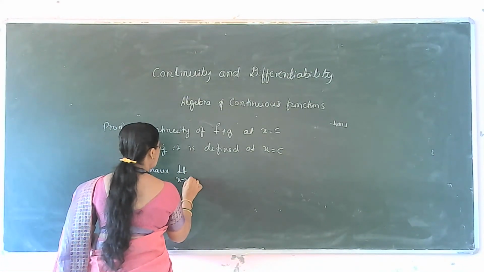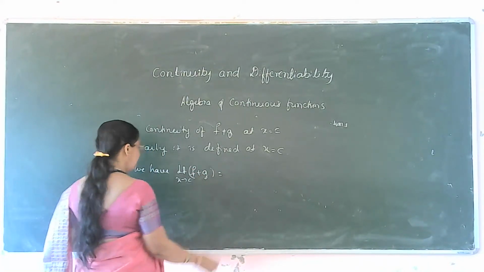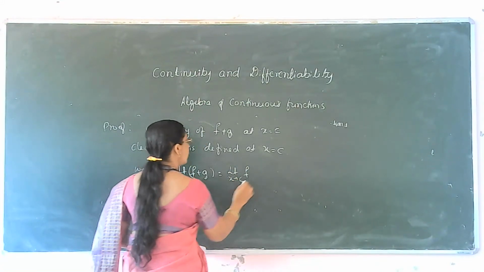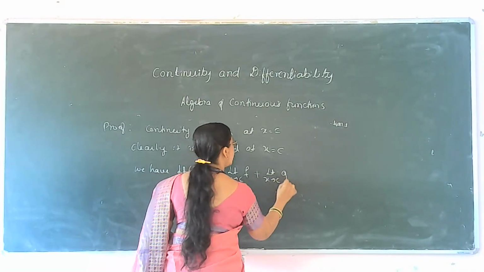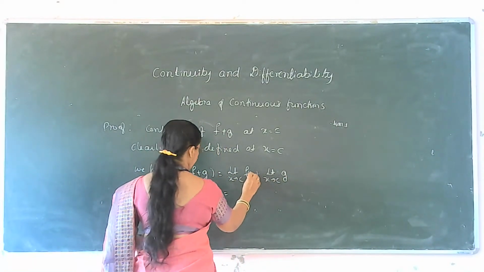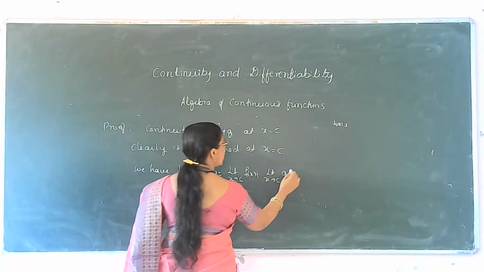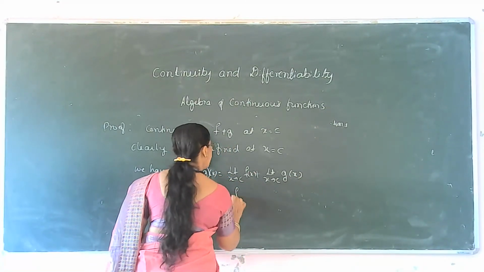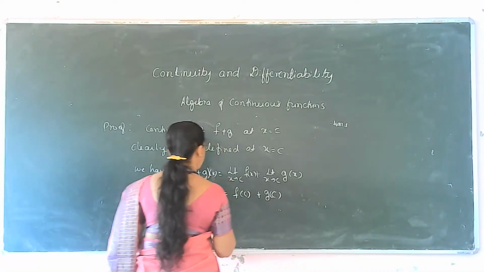At x equal to c, we have the limit of x tends to c of f plus g is equal to the limit of x tends to c of f plus the limit of x tends to c of g, which is equal to f of c plus g of c.